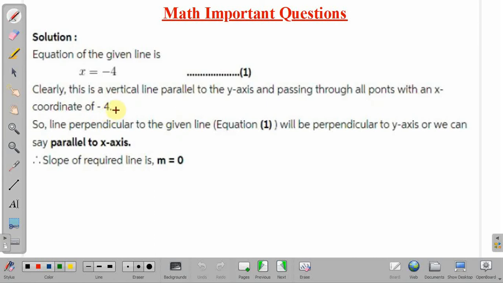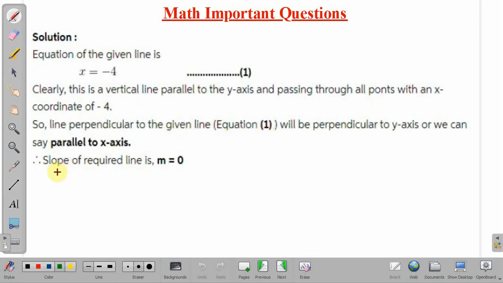So our required line will be perpendicular to this line, and as the given line is parallel to the y axis, the required line will be parallel to the x axis or perpendicular to the y axis.